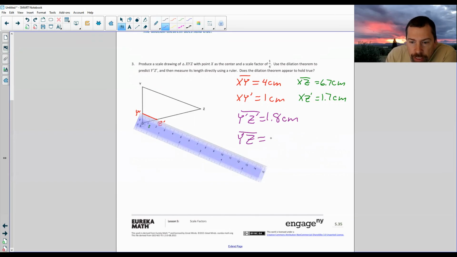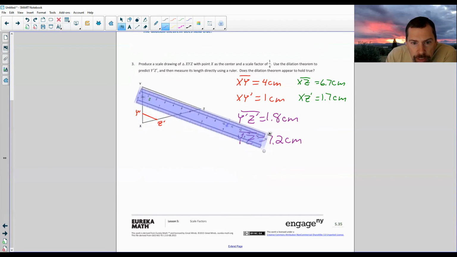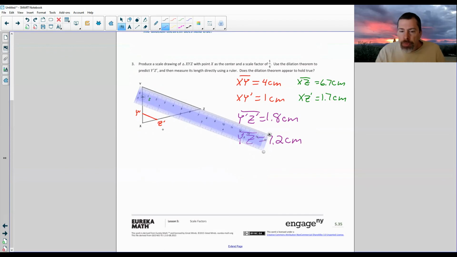So 1.8 times 4, 8 times 4 is 32, carry the 3. 4 plus 3 is 7.2 centimeters, if that is true. So I bring this up, put 0 right here, rotate it, and it's right around 7. We're off by 0.2 of a centimeter, and that's very easy to do when you're using a computer program, but it looks like it is about 4 times the size.